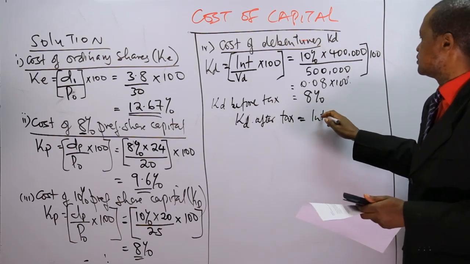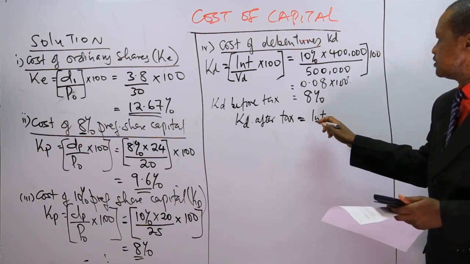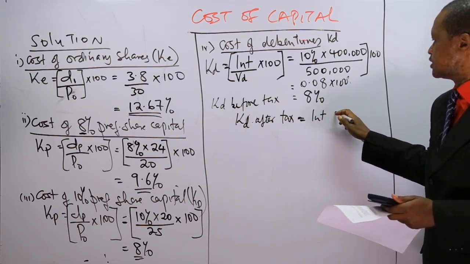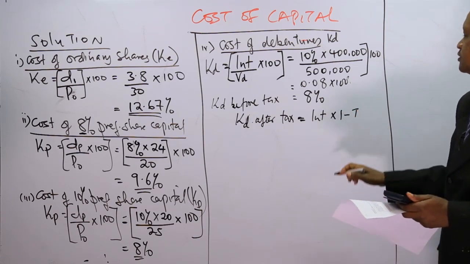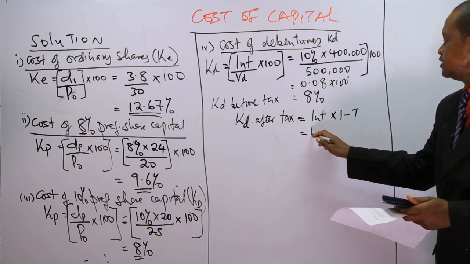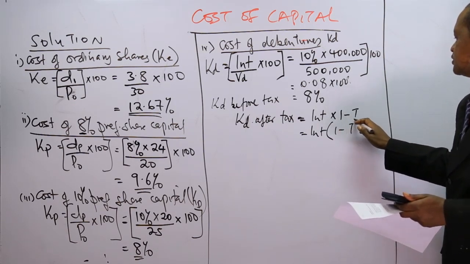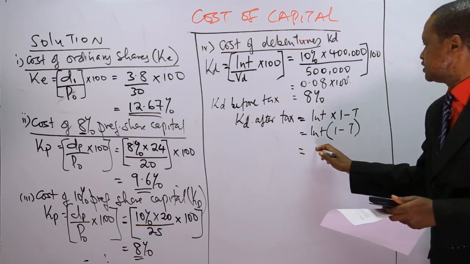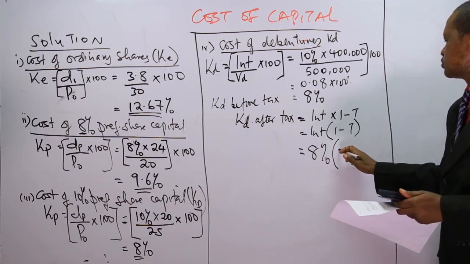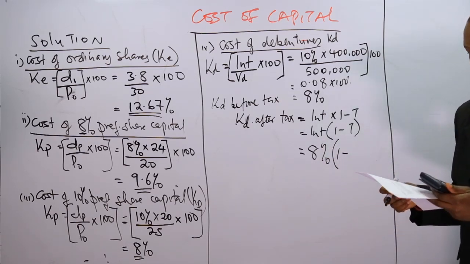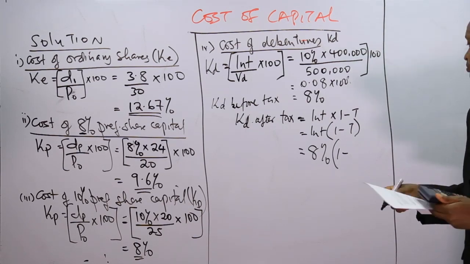interest times 1 minus T. That is interest times 1 minus T. The interest we have seen is 8% times 1 minus T. Tax rate provided, note number 2, 30%.